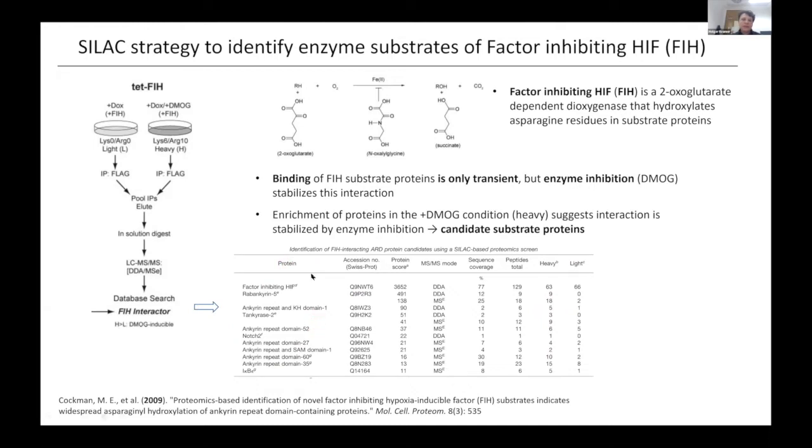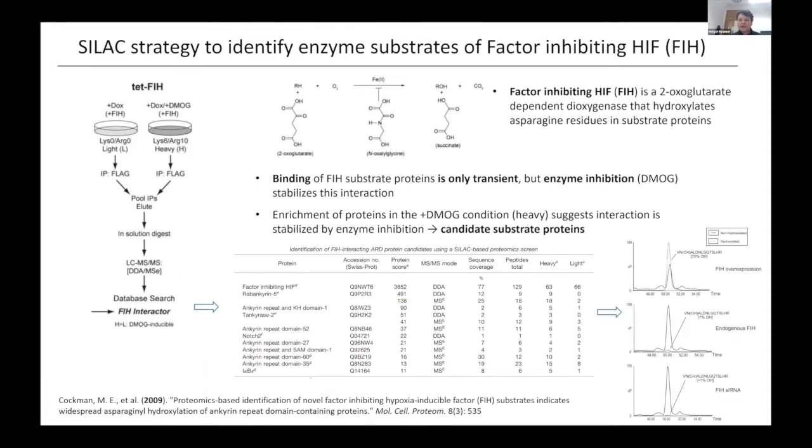And then the important step to really confirm whether these indeed are substrates was to perform another experiment, comparing FIH overexpression to endogenous FIH levels or to knockdown of FIH, and then observing the levels of the modified peptide, in this case, in this pancrease 2 substrate.